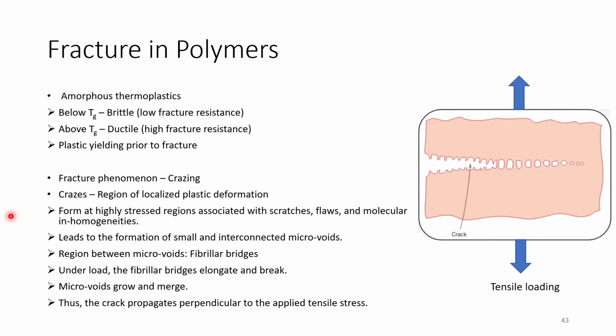It leads to the formation of small and interconnected microvoids, and the regions between microvoids are fibrillar bridges, which are here. Under load these fibrillar bridges elongate and start breaking, and the microvoids grow and merge, and the crack propagates perpendicular to the applied tensile stress.